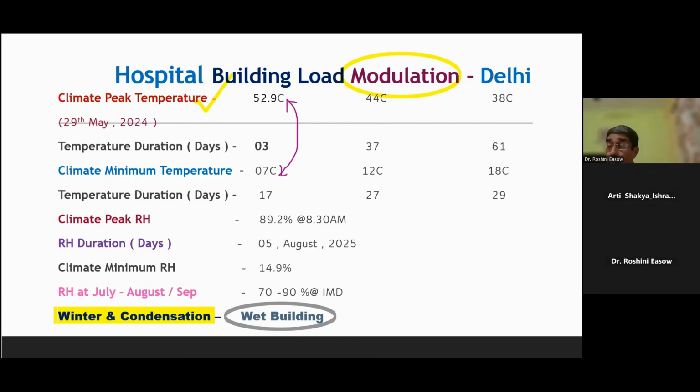It will matter in a surgery room or ICU, because these ICU rooms are very, very critical in terms of higher and lower temperature. All the cardiac problems arise mainly at a lower temperature, sometimes at a higher one also. That is why I am telling you it is called modulation. When a consultant is designing, he has to understand this, and with his experience, decide how to do that.